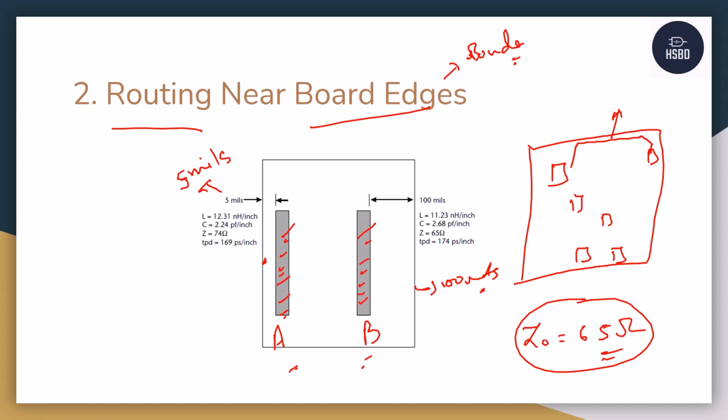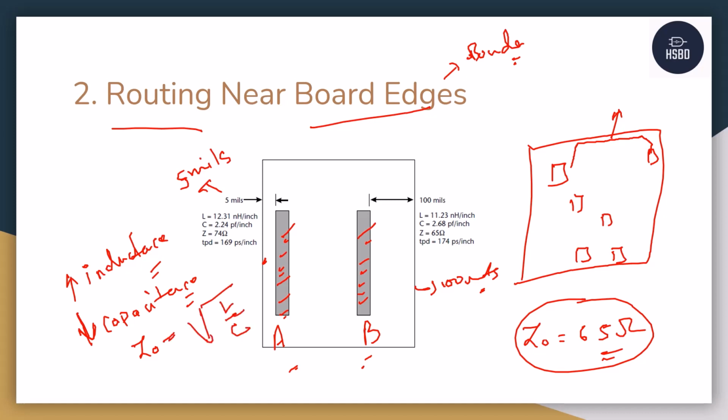Now what effects will happen when we route the trace near the board boundaries? First, there will be an increase in the inductance. Number two, the capacitance of the signal will reduce. Number three, if the capacitance is reducing, by the formula Z0 equals square root of L by C, you will notice L is increasing, C is decreasing.